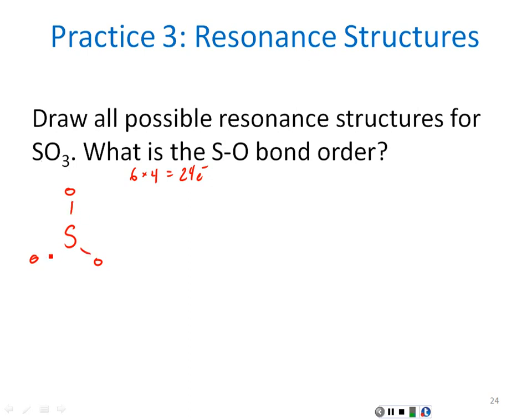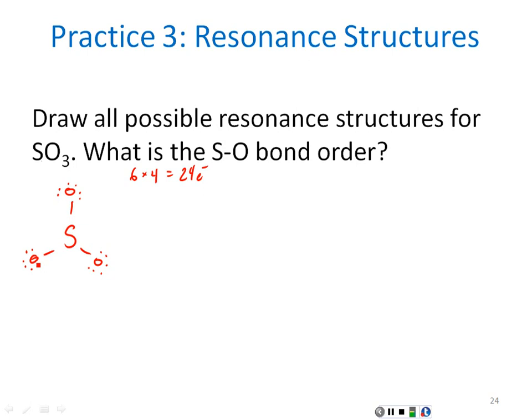If we draw single bonds, that's 6. We've used a total of 6 valence electrons. Now we have 18 more to use. 1, 2, 3, 4, 5, 6, 7, 8, 9, 10, 11, 12, 13, 14, 15, 16, 17, 18. So there are all the electrons.